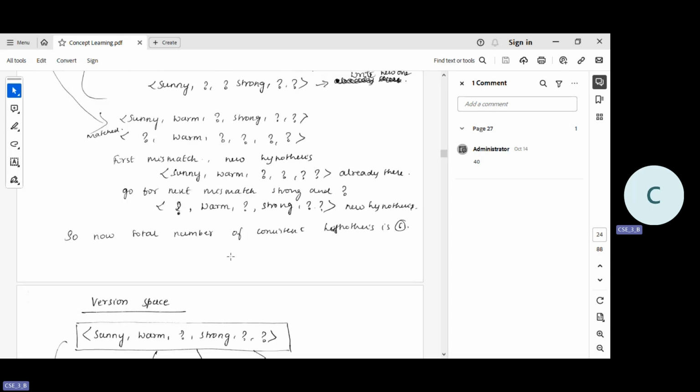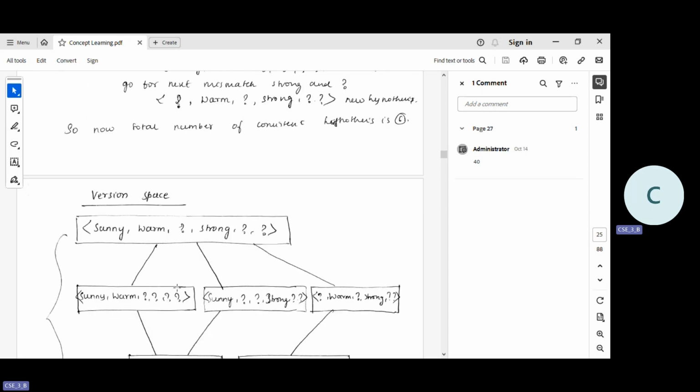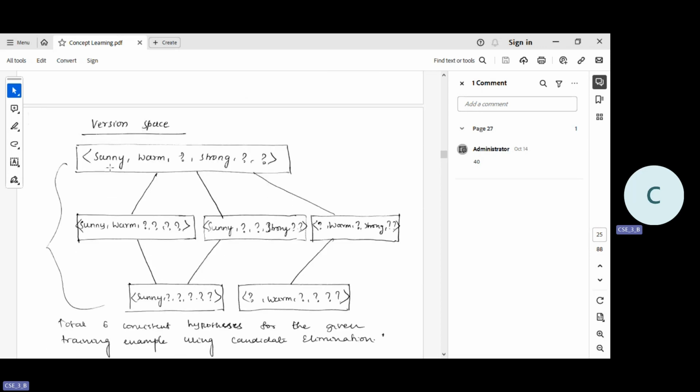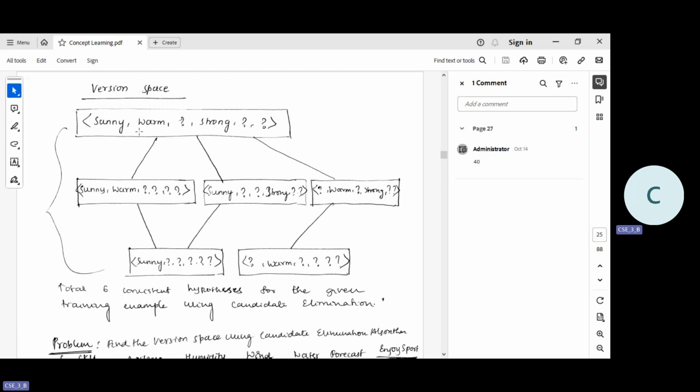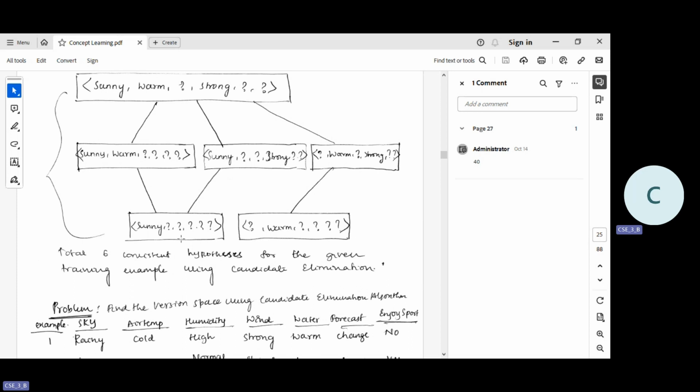Now we have to write the version space. We can consider the specific boundary: sunny, warm, question mark, strong, and question mark. Then in the generic boundary we have two hypotheses, and these are the intermediate hypotheses. Altogether these 6 hypotheses represent the version space.